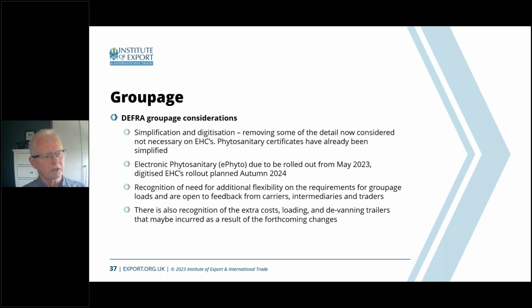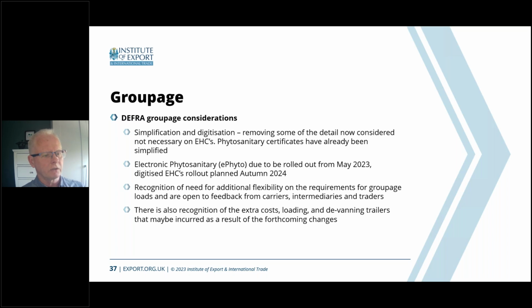The electronic phytosanitary certificate, ePhyto, is due to be rolled out from May 2023, and a rollout plan is also planned for the digitalised export health certificates.